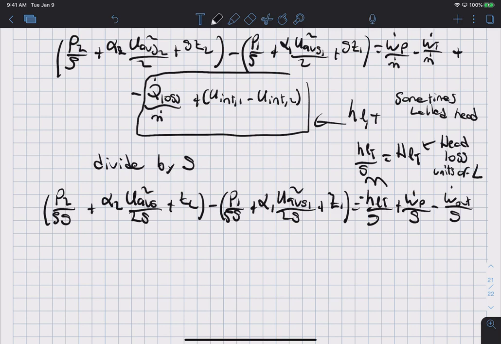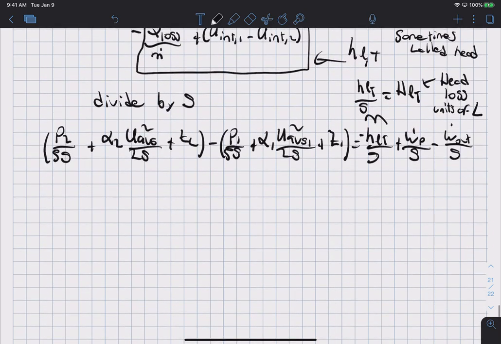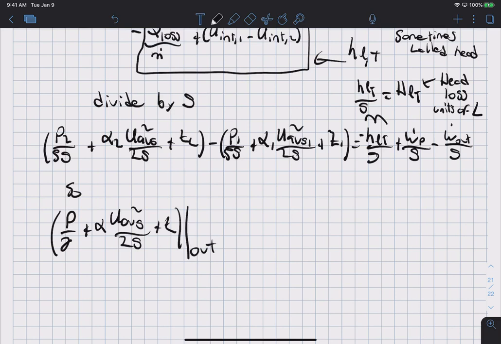So then finally, we have P over gamma plus alpha u averaged squared over 2g plus Z, and that's at the outlet of our control volume. I don't like labeling them 1 and 2 if you don't have to.